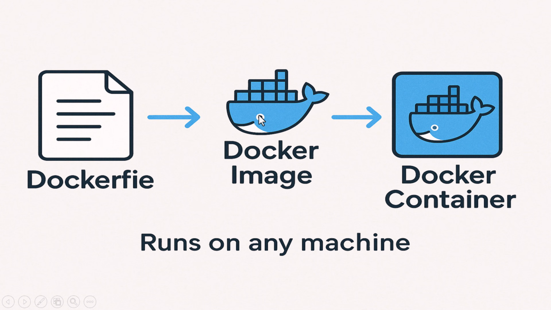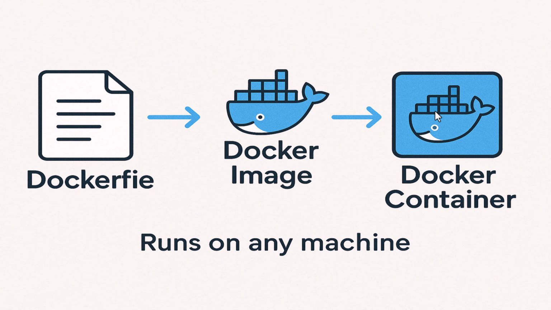When you run that image, Docker creates a container, an isolated environment where your app lives. It runs just like it would on your own laptop, but it's separate from the host system. So you could be on a Mac and still run a Linux-based container, or spin up 5 different apps, each in their own container with no conflict.